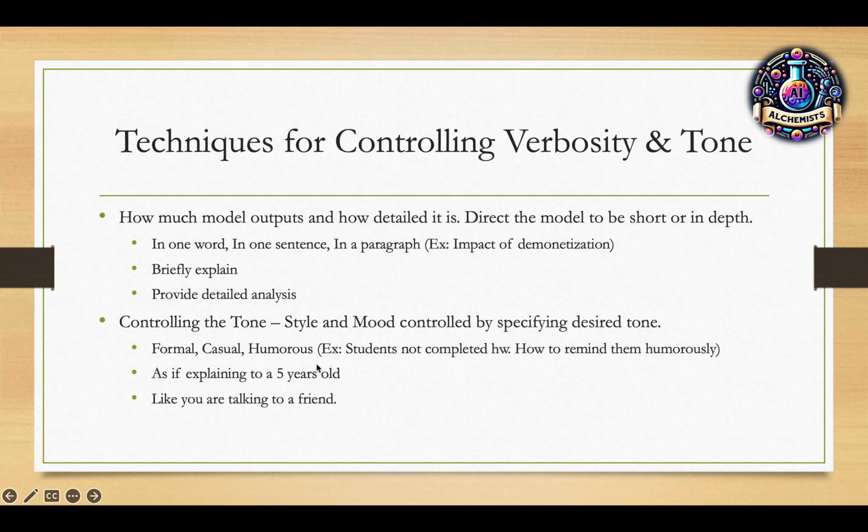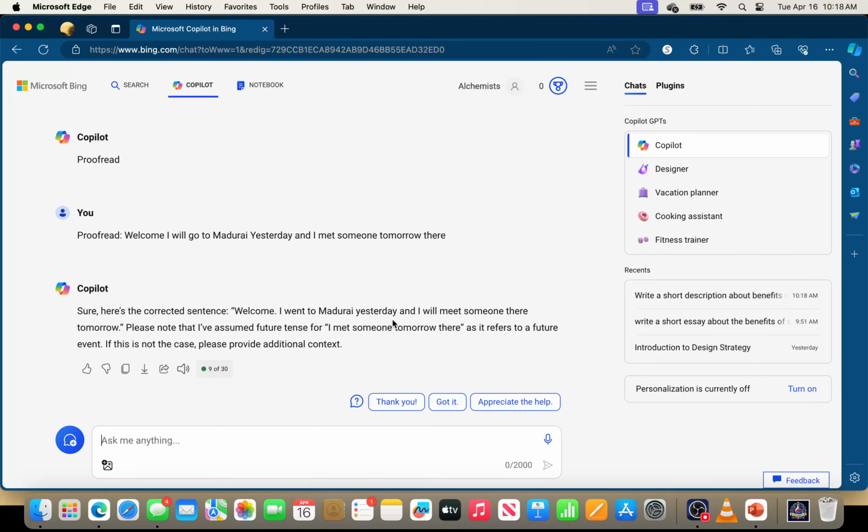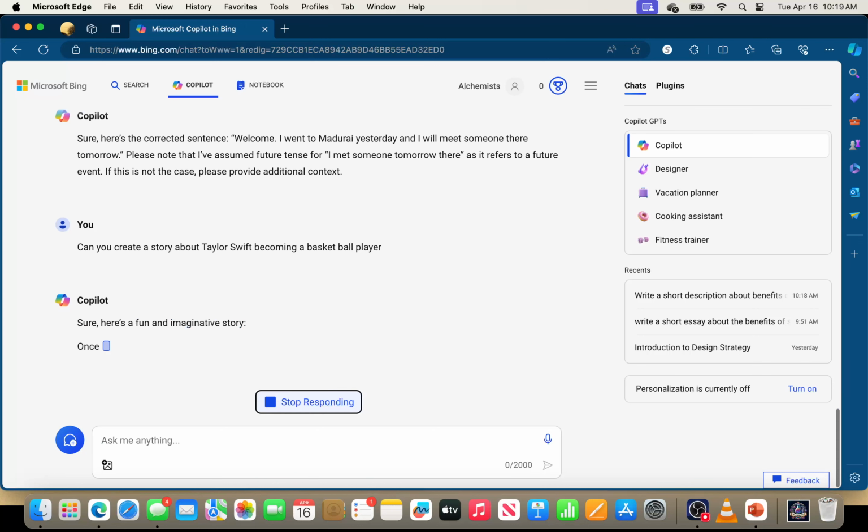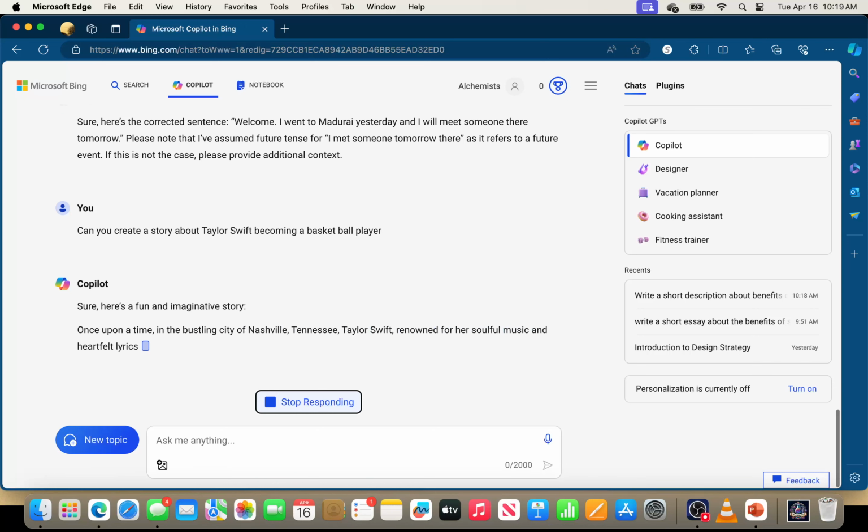Okay, so you can say, in short, can you create a story? It can go very creative. Can you create a story about Taylor Swift becoming a basketball player? I didn't say who Taylor Swift is. Let's see if it can pick up. Yes, renowned singer.